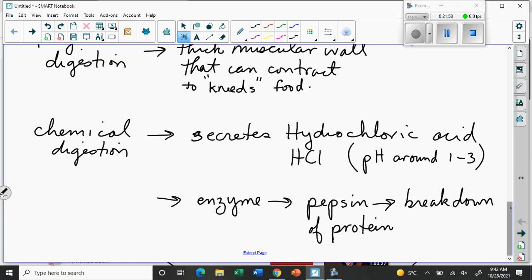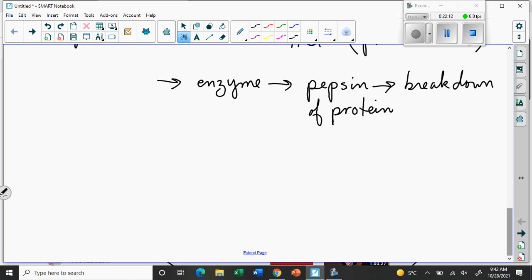Now you might be wondering, why doesn't this acid and this pepsin just destroy the stomach? How come the stomach isn't burning like the esophagus would if it leaked up through that cardiac sphincter? Well, the stomach has some protective measures.